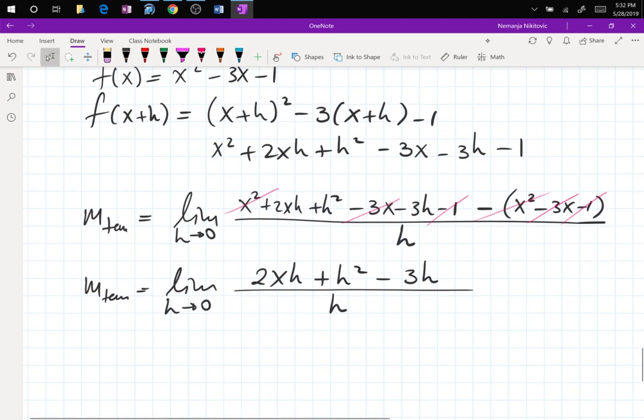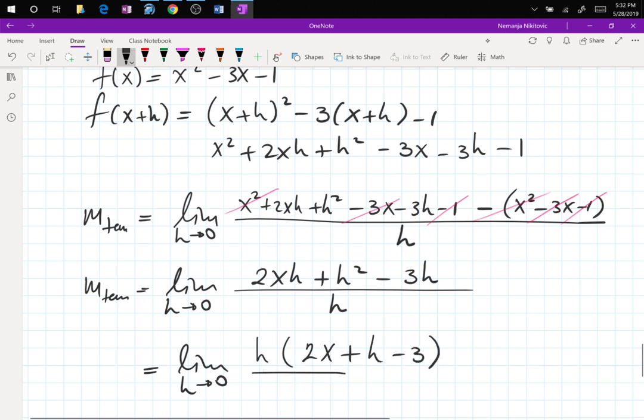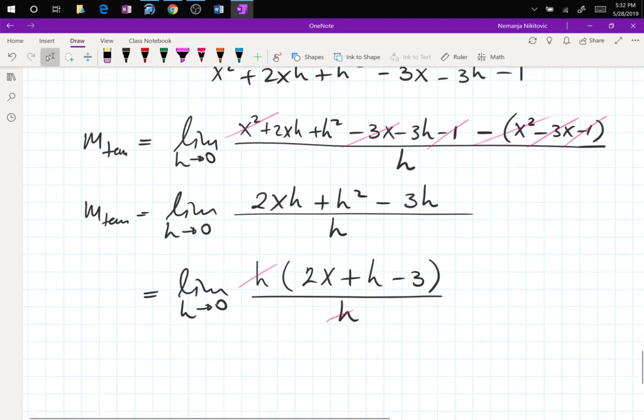Note that all of the terms in the numerator have h, which you can factor out. So you factor out h, you get 2x plus h minus 3 divided by h. This is where h cancels.